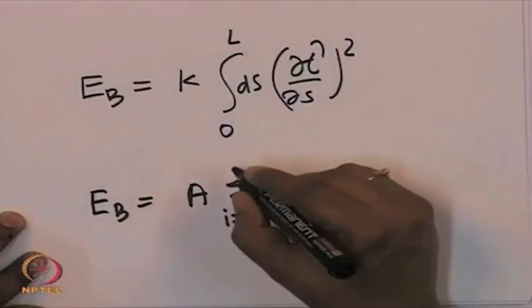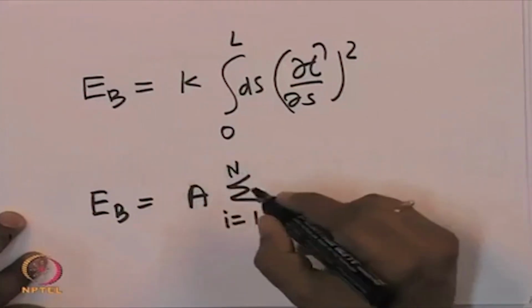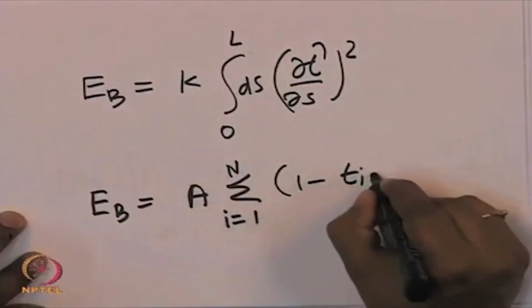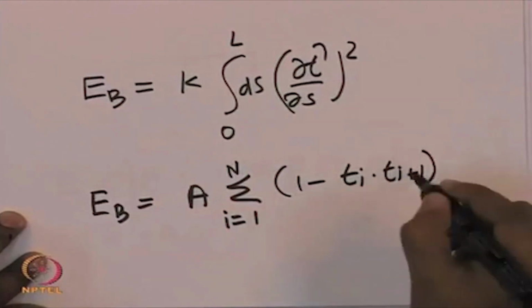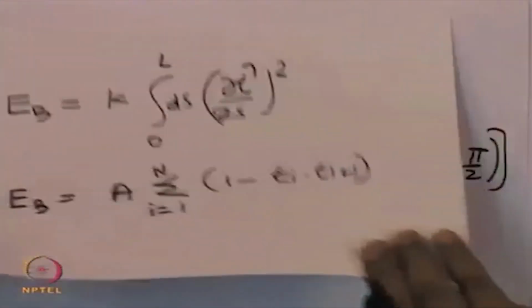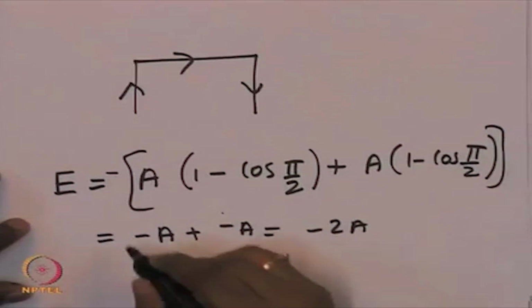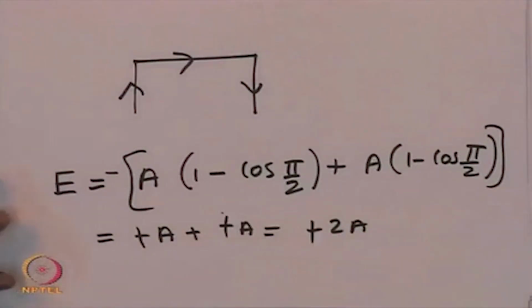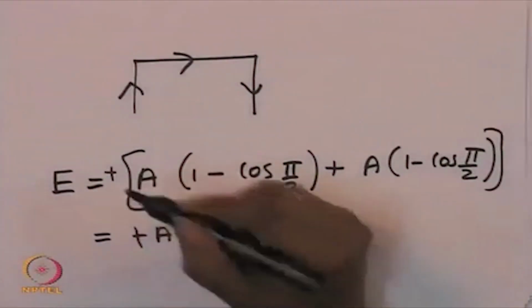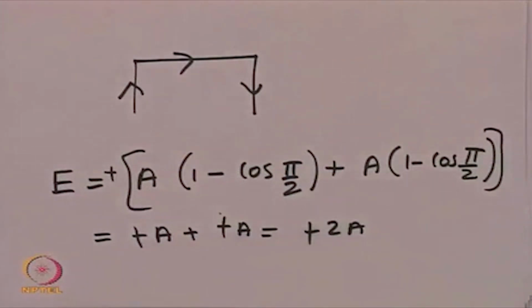Okay, so there is no minus sign, this is correct what I wrote. So the answer will be plus 2 A. There is no minus sign here, whatever we discussed is correct.